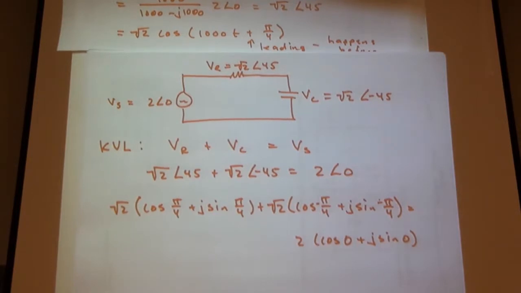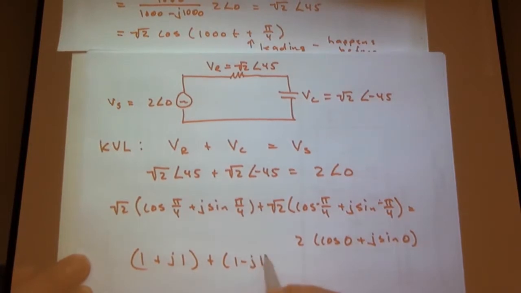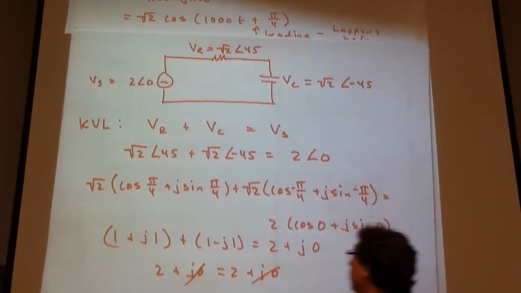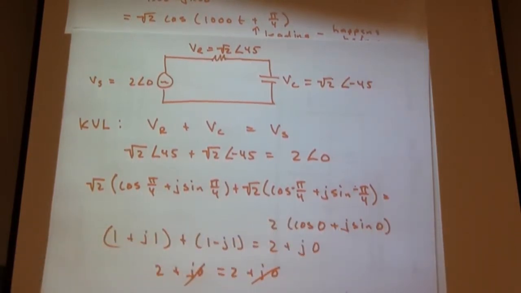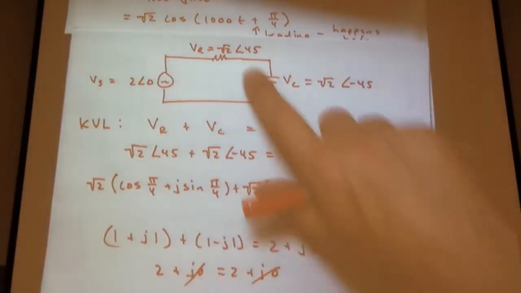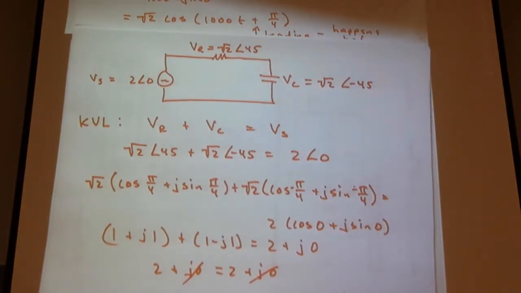Cosine pi over 4 is 1 over square root of 2. So we get 1 plus j1 plus 1 minus j1 equals 2 plus j0. And lo and behold, 2 plus j0 equals 2 plus j0. And I have not lied to you. So good news. And we had to do that in rectangular form, so we were doing addition here. We had to convert from our phasor notation to our rectangular notation to add the terms.